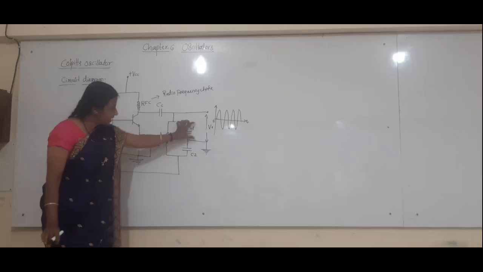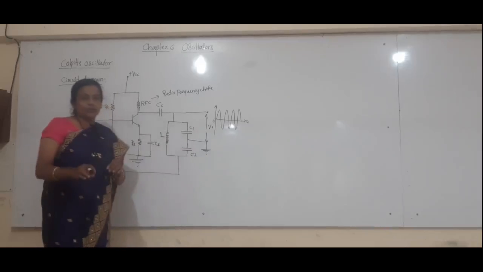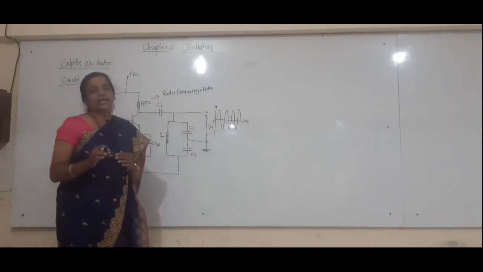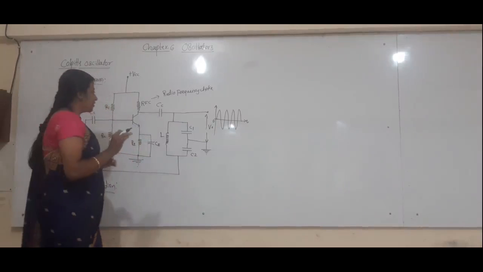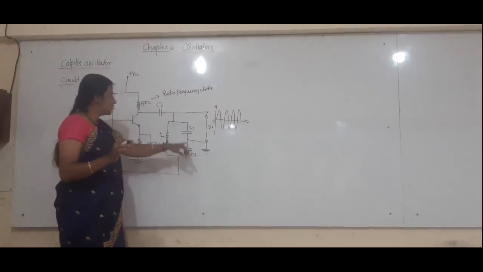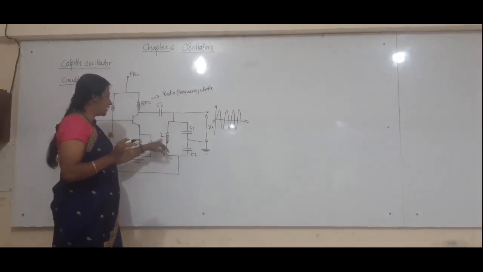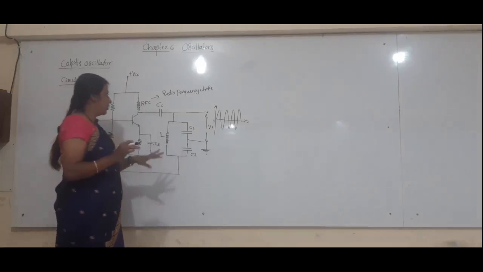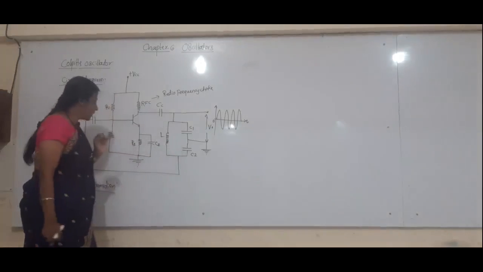So they are phase shifted by an angle of 180 degrees. Like that, proper values of C1 and C2 are selected. This C1 C2 combination is connected in parallel with your inductor coil, connected as a tank circuit. This is regarding your circuit explanation.